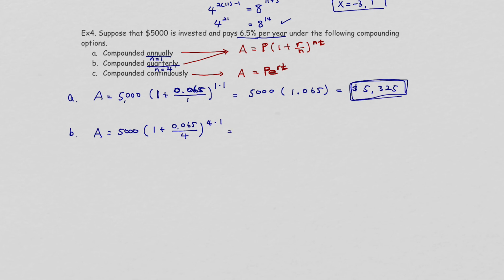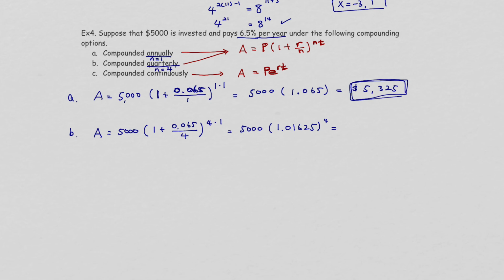So that gives you 5,000 times, 0.065 divided by 4 is 0.01625, plus 1 will be 1.01625 to the fourth exponent.